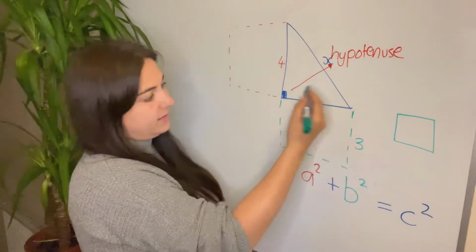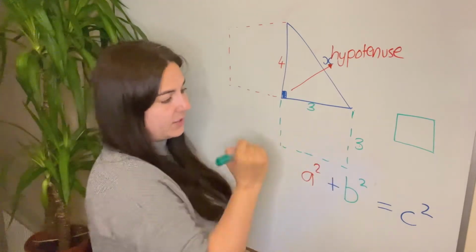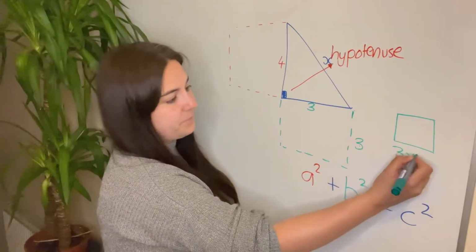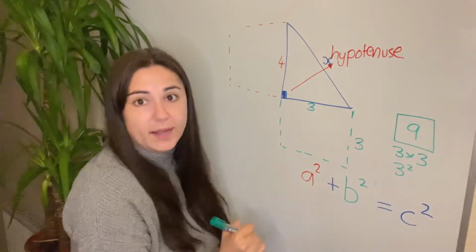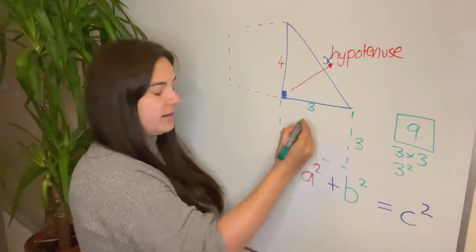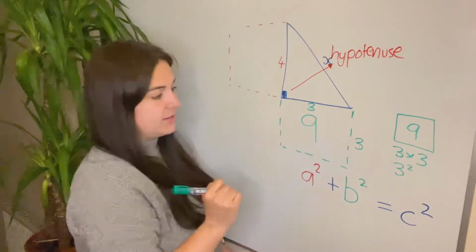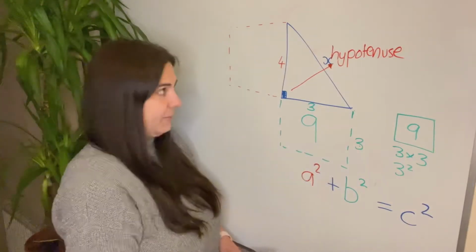So over here, if this was a square, I'd do 3 times 3 to work out its area, and that would give me 9, or I might say 3 squared. Okay, so to work out the area of this square, I do 3 times 3. So that area here would give me 9.